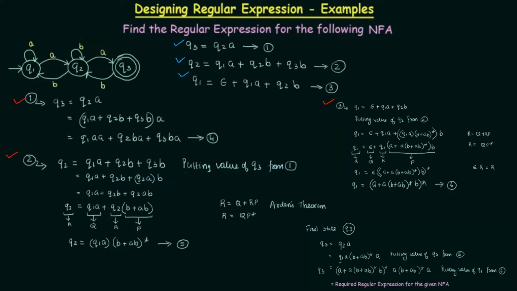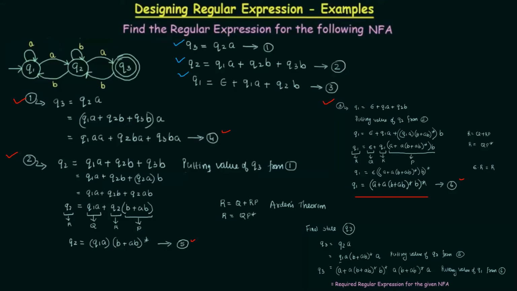So in this sequence we proceeded and we gave those equations another number 4, 5, 6. Now we started solving from the much more complex one, as it had no particular state in the right hand side, so it was only consisting of the regular expression part.